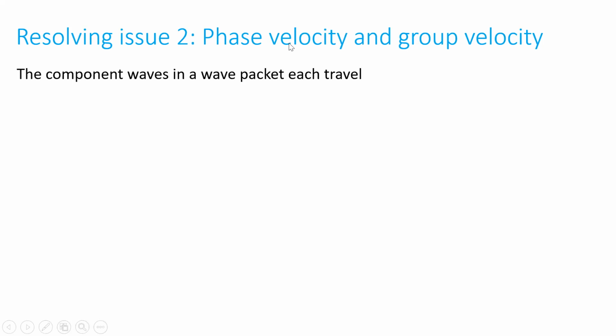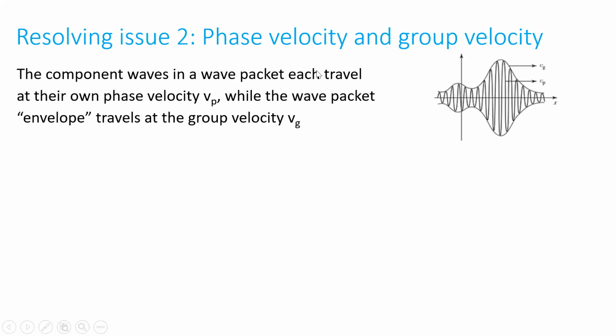So the component waves in a wave packet, the stationary states, each travel at their own phase velocity, which we call Vp for phase, while the wave packet envelope, so if we add up all these waves together, if we trace out the envelope of the sum of them, that envelope moves along with what's called the group velocity Vg.